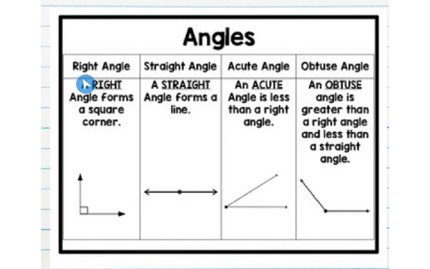We have the most common angle, a right angle, which makes a perfect letter L, and it makes a perfect corner that we see in a square. There's also a straight angle, and that's just a flat line, like we would draw on our page. That's called a straight angle. And then we have acute angles.